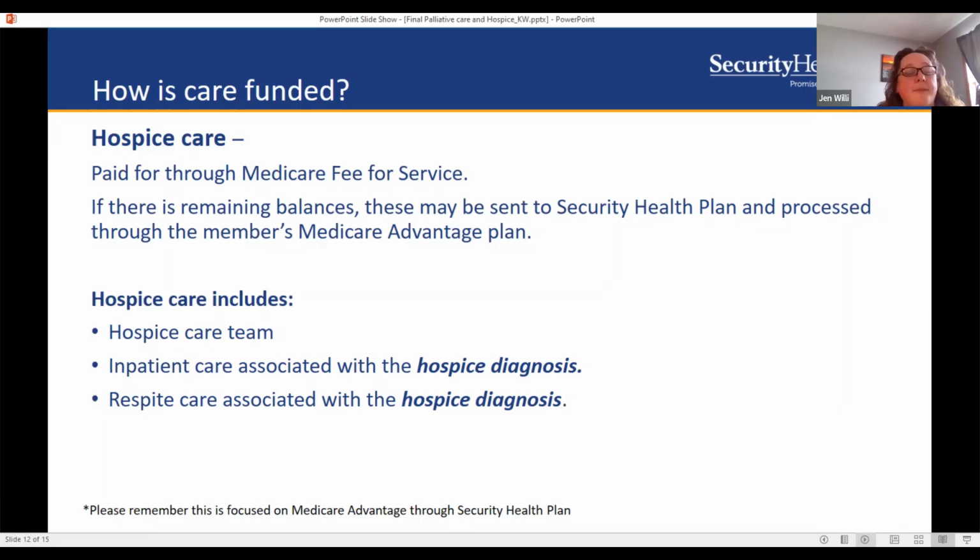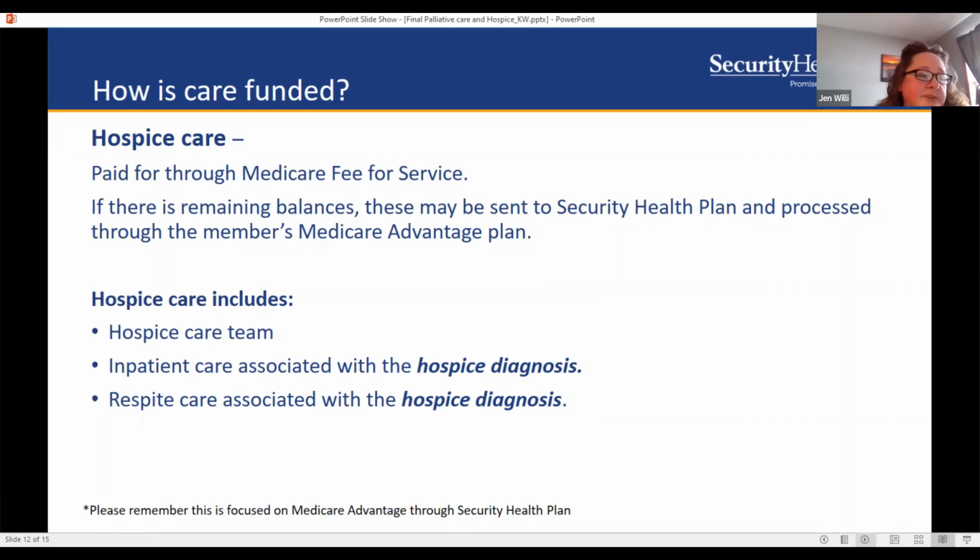If there happen to be costs associated with your hospice care that aren't funded under the Medicare fee for service, they may get passed on to your Advantage plan, but I'm going to stress this is pretty rare. Usually the Medicare fee for service does cover most of the things related to your hospice care. Can't always guarantee, but it usually happens that way.